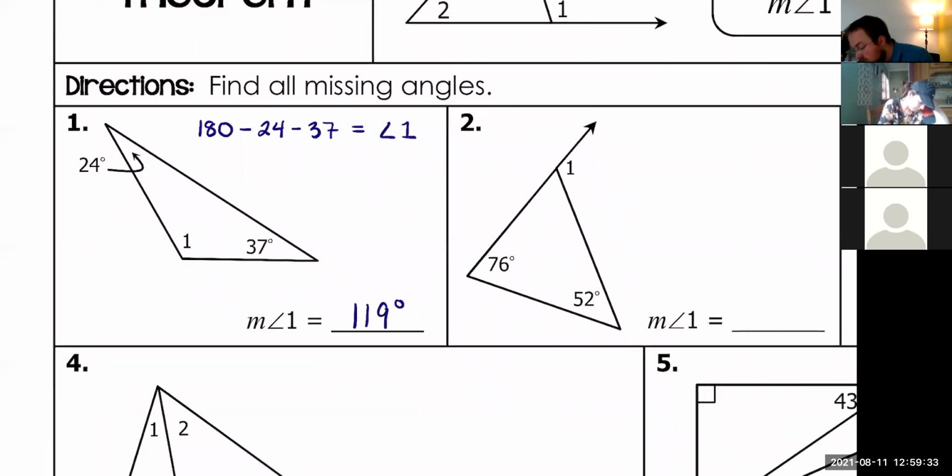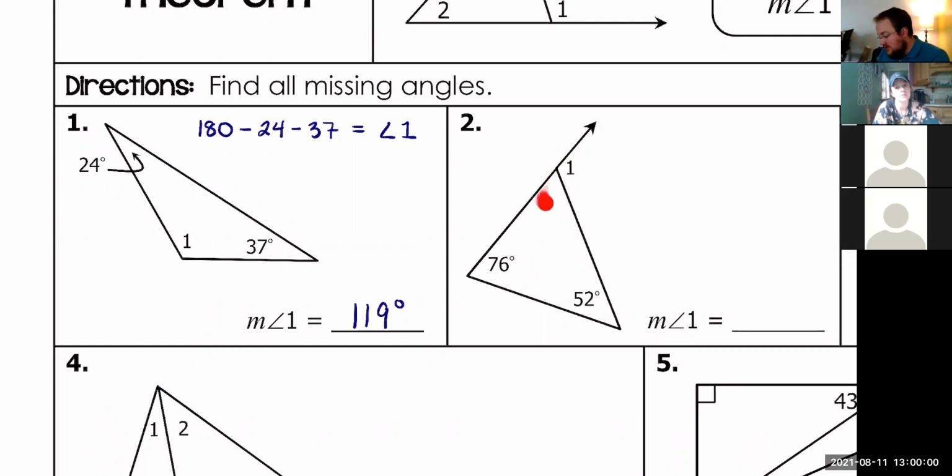Now, the second one here, a little bit different. Notice that angle 1 is now the exterior angle outside of our triangle. And we had that theorem up above that said that that exterior angle should equal the sum of, what's that? So the exterior angle by itself doesn't equal 180.